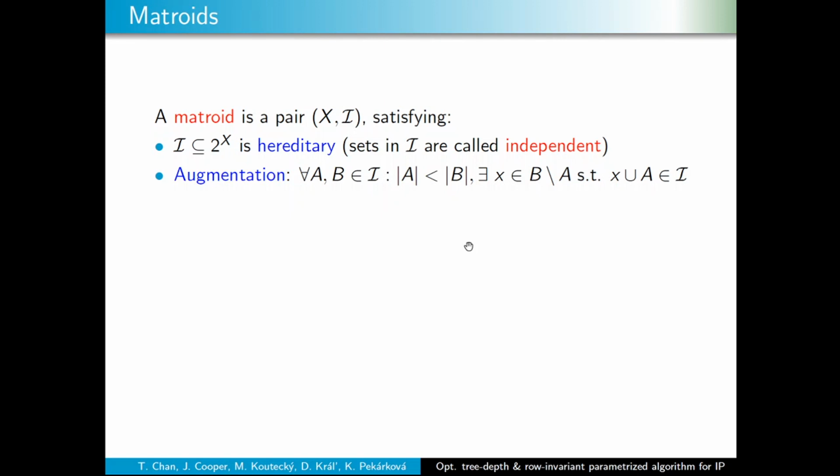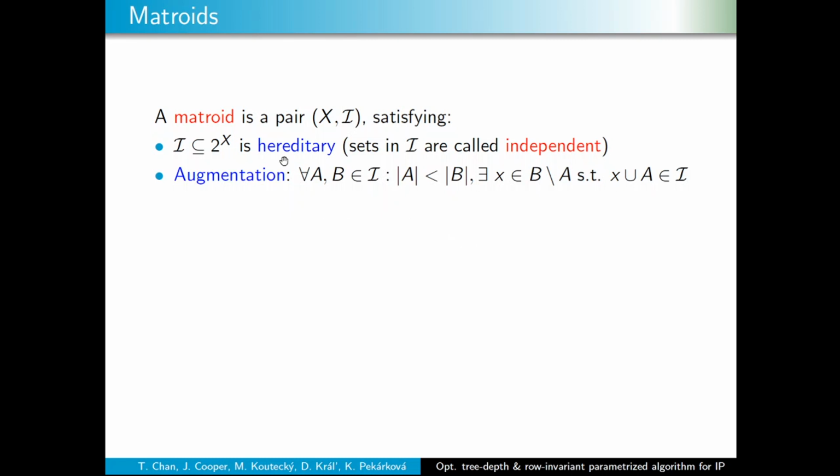So, quick recap on some matroid basics. A matroid is simply a set X together with a collection I of subsets of X. And these subsets we call independent. And this collection I has to satisfy a couple of rules.